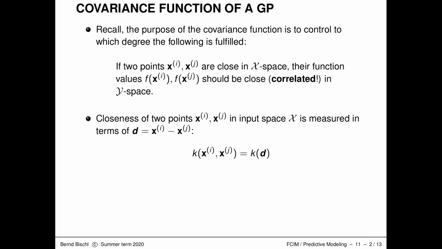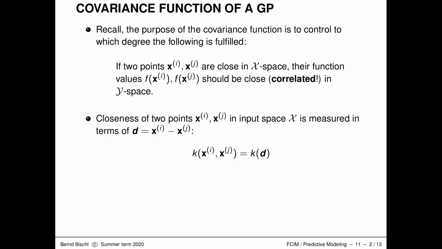Now, what was the purpose of such a covariance function? I mean, we wanted to use that to induce the covariance matrix, but also to induce this spatial smoothness property into our Gaussian process. So if 2 points xi and xj are very close in x space, their function values should also be closely related in y space.